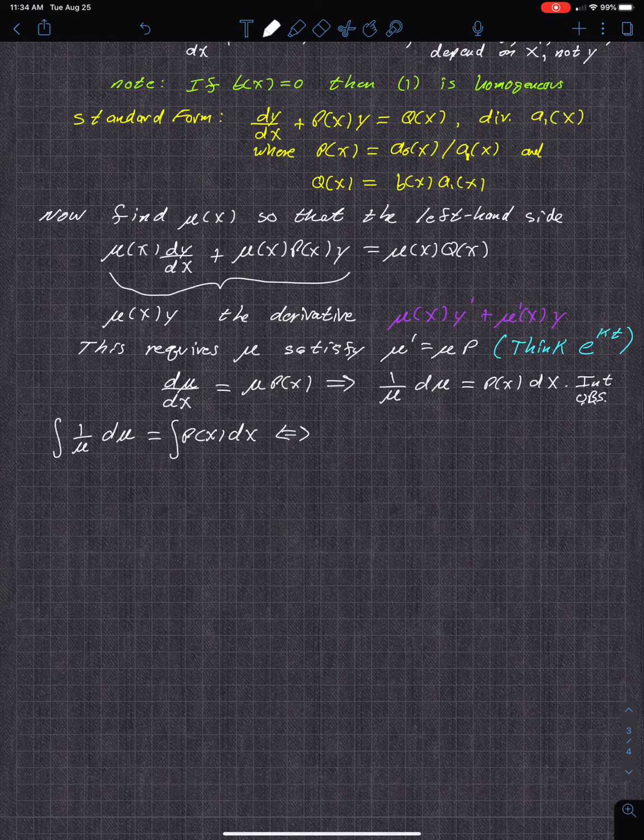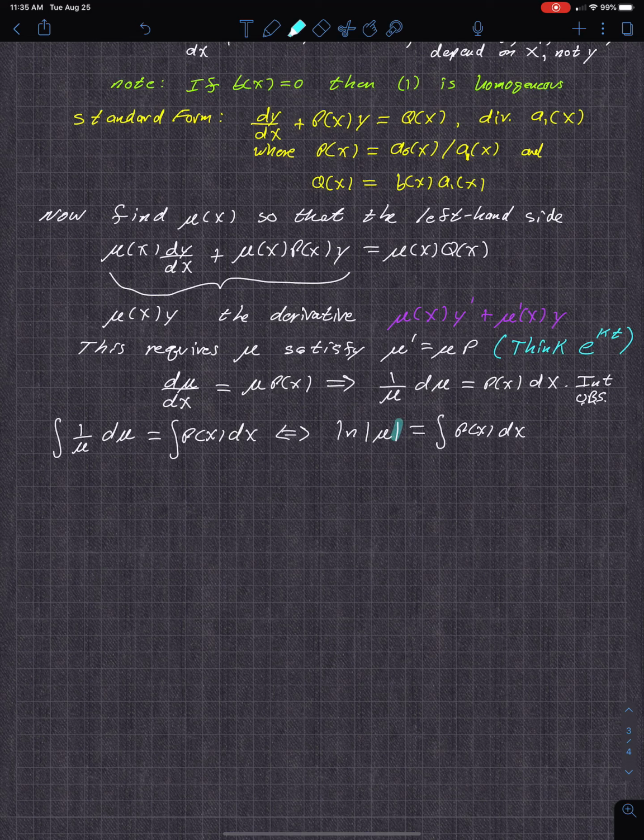When you get that, you get natural log absolute value of mu equal to the integral of p of x dx. Then if you solve that for mu, you'll be able to drop the absolute values.